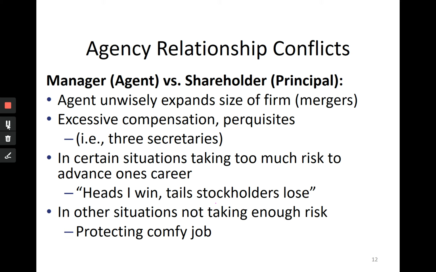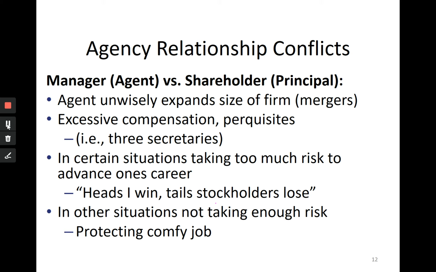Risk could also be a problem, and this is a two-edged sword. Sometimes managers take too much risk, and this way they take wealth from the owners. If the manager takes a huge gamble, and if the gamble pays off, the manager wins in terms of having the potential of moving to better jobs and getting more payoff.